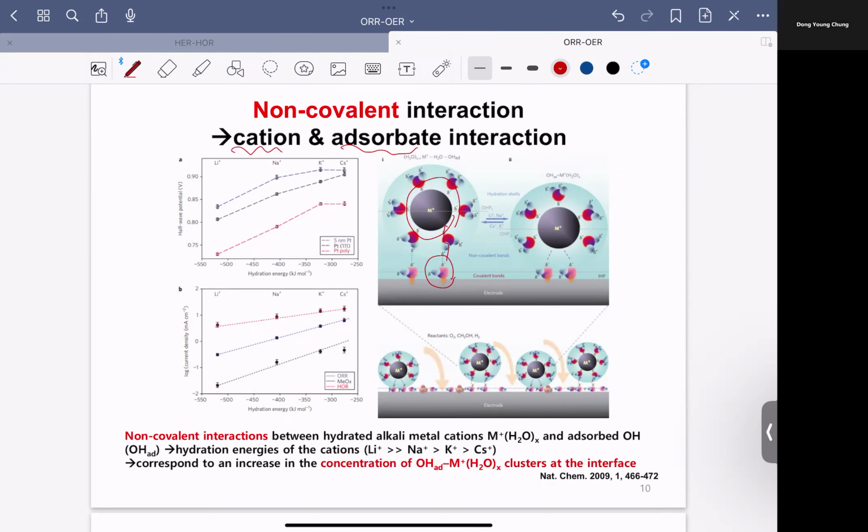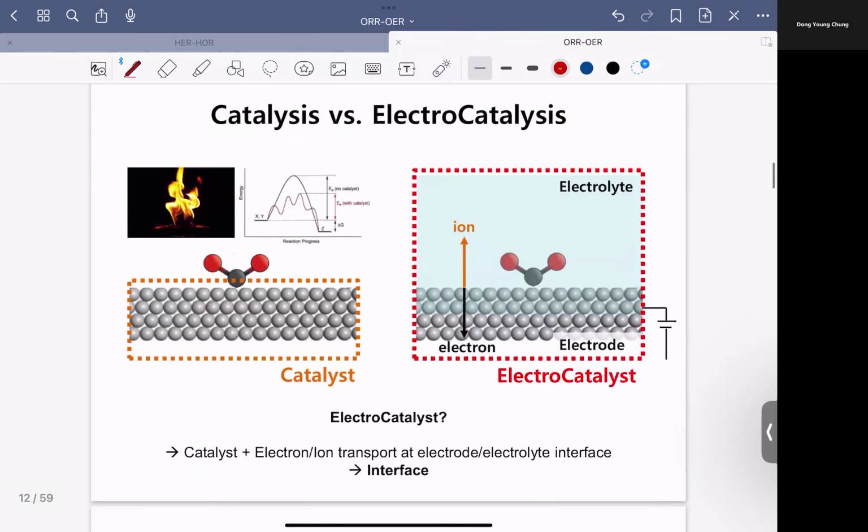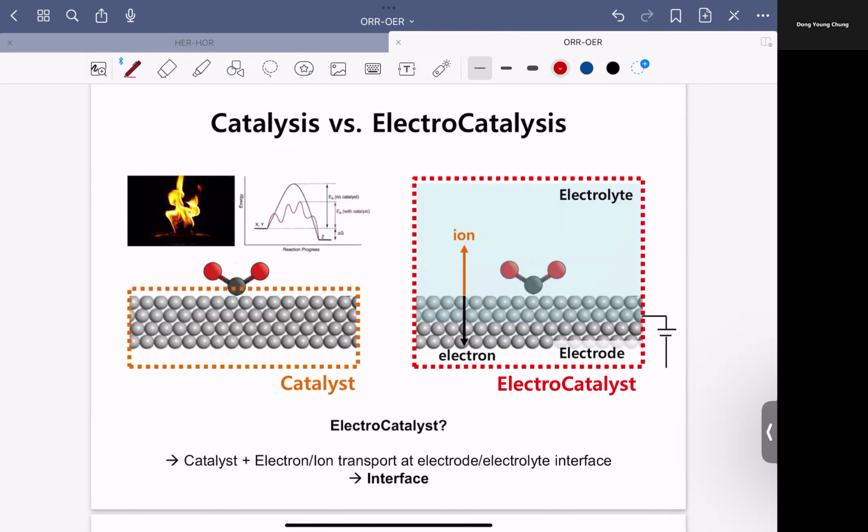So we discussed how it is really important to control the surface, focusing on the zeta coverage for further study, right? All right, so that's the reason why it is time to discuss what electrocatalysis is compared to catalysis, right? So I believe you're already familiar with the concept of catalysis.